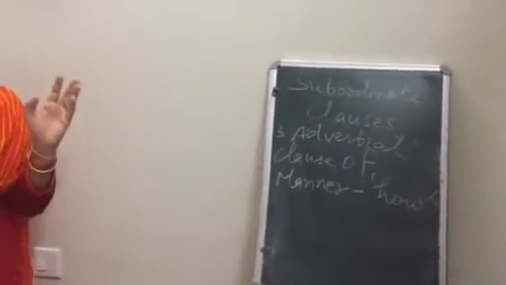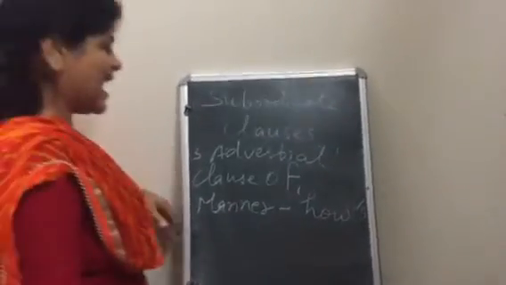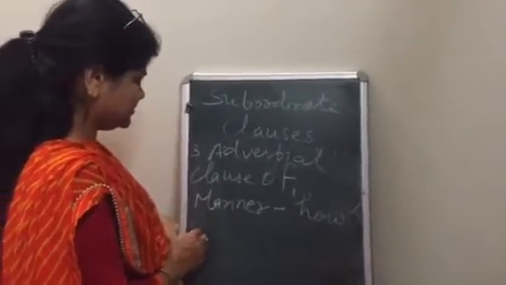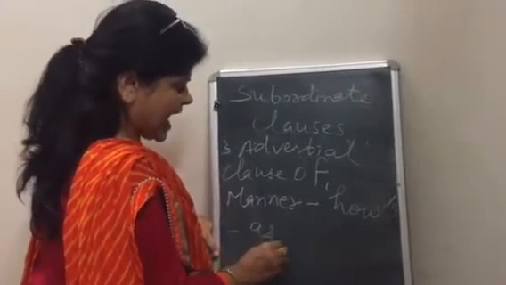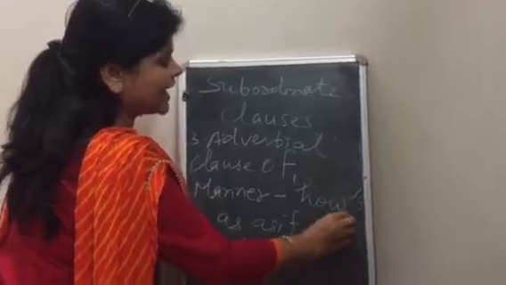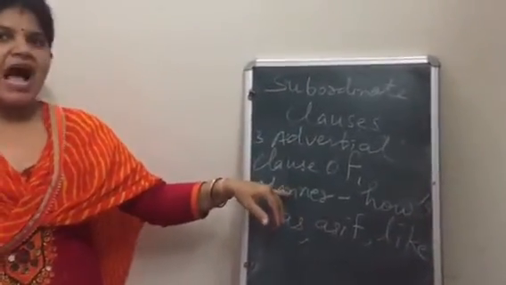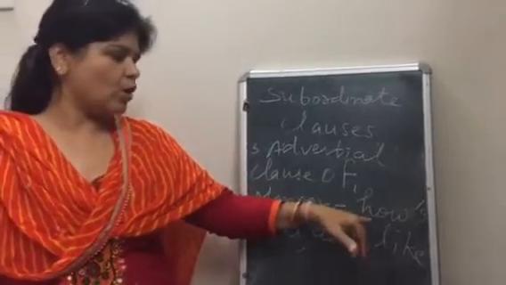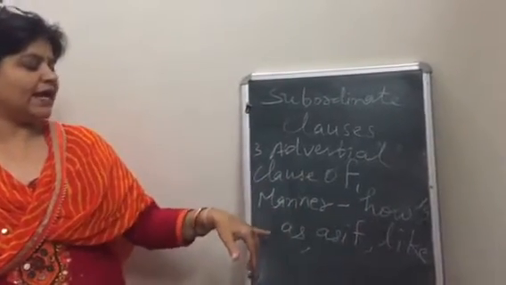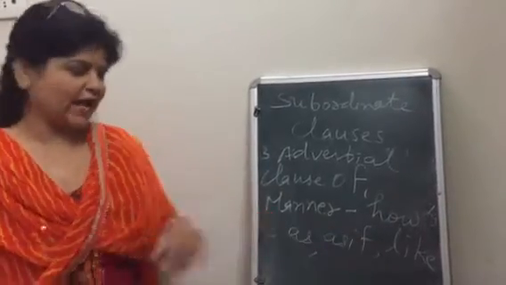Means how the task was done, in what manner, and the adverbial connectors are as if, like. Adverbial clause of manner answers the question how, and the adverbial connectors are as if, and like.